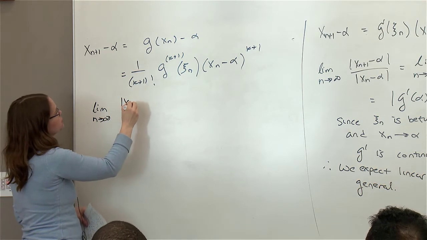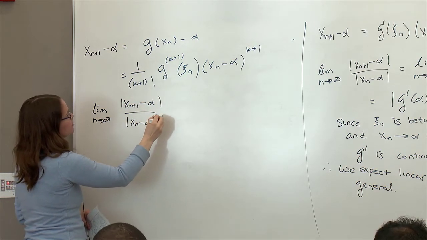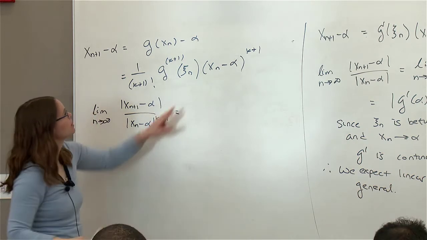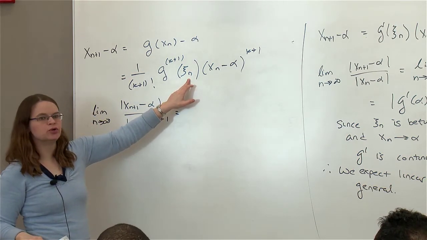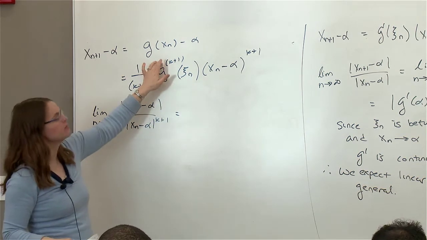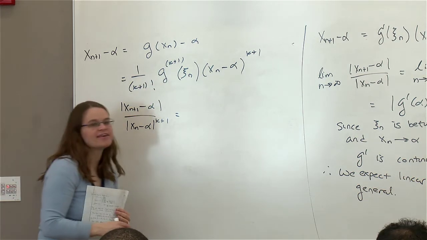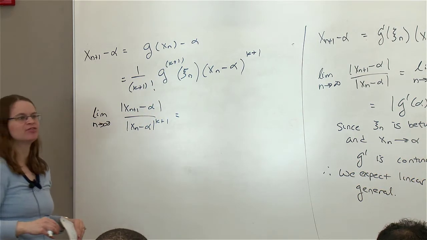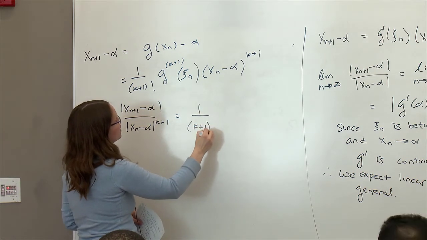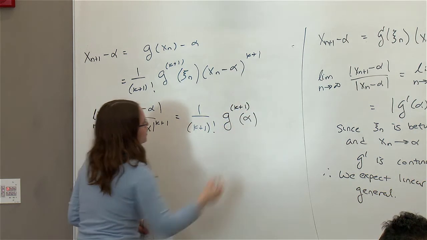Okay, so we look at this ratio, over (x_n minus alpha) to the k+1. And we say, well, again, c_n is going to approach alpha, just like it did before. I made the assumption that this (k+1)st derivative is continuous, because we guessed that we'd probably be trying to pass this thing through a limit. So what do I get? I get 1 over (k+1) factorial times the (k+1)st derivative evaluated at alpha.